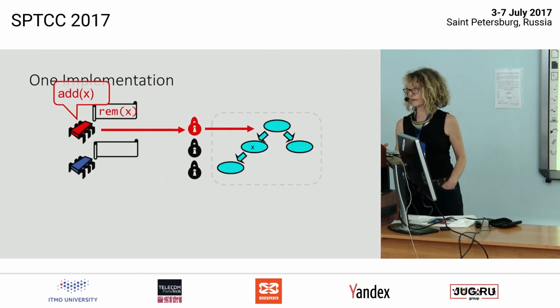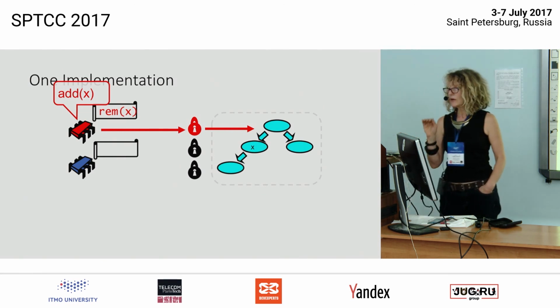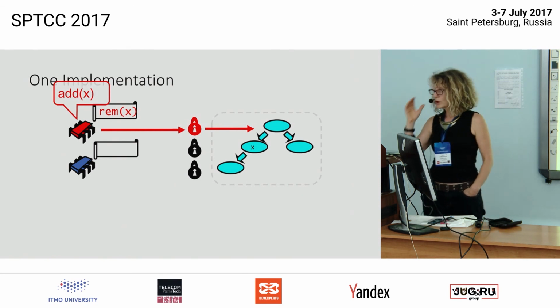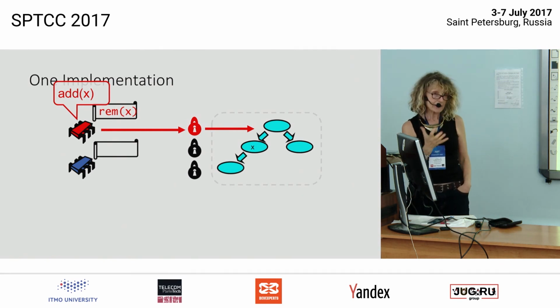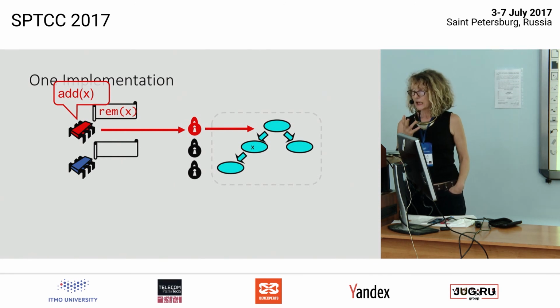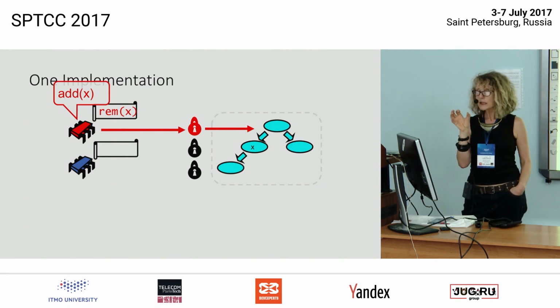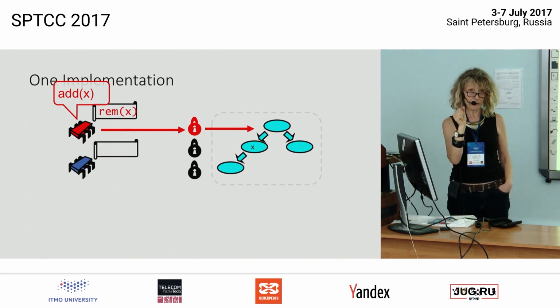So, for example, let's look here. Let's say you have a tree, right? And you have a red thread who wants to do an add operation to the tree. So it adds an X. It's going to grab a lock. The library will allow you to grab a lock.